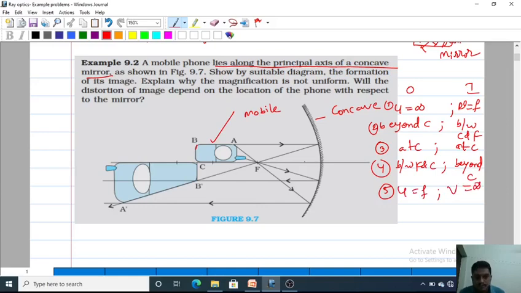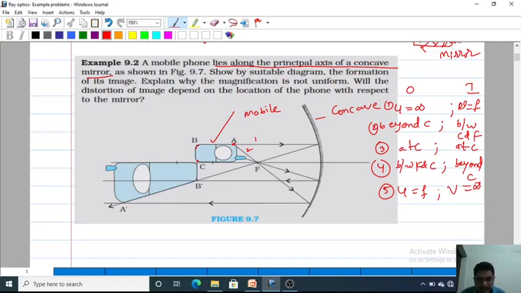Okay, so based on these points, we will try to answer why the magnification is different at different locations. This is an object, so I'm taking 3 points from this object. Here from point A, the tip of this object, we are taking 2 light rays.